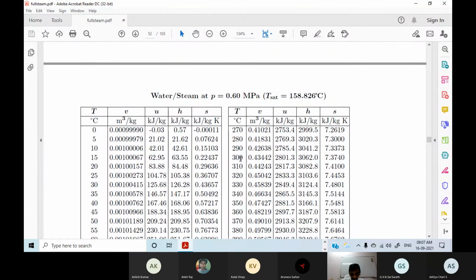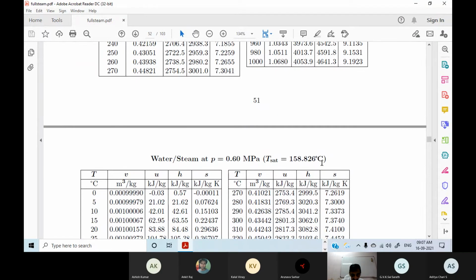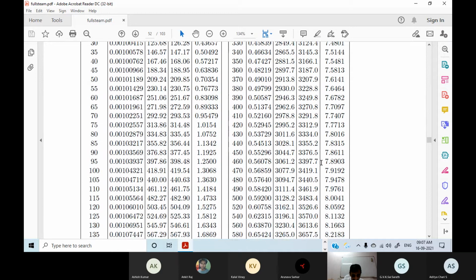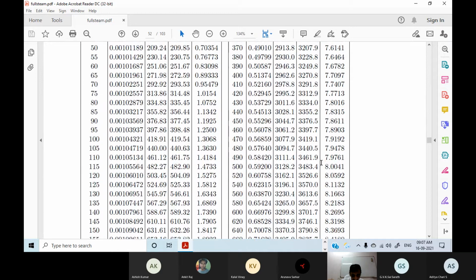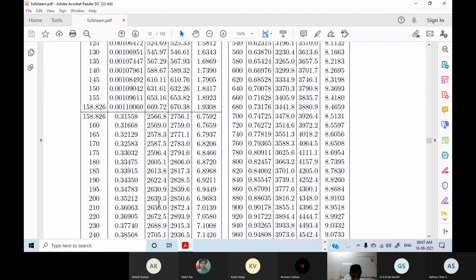So 0.6 megapascal and 200 degrees is here.